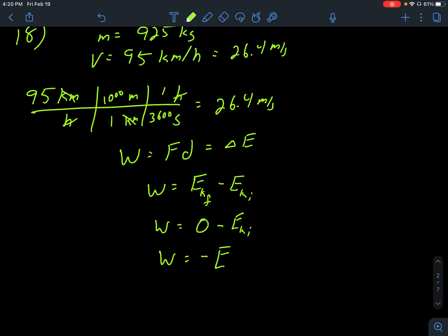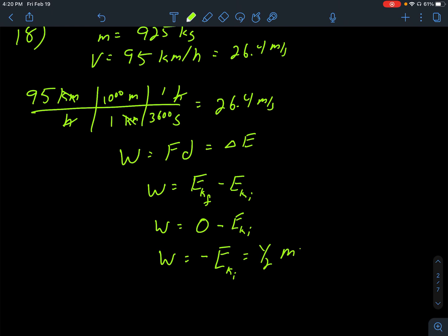And what about this negative? That's important because it's going to be negative work, meaning the work done on the car is a result of a force that's acting in the opposite direction of the motion of the car. Your frictional forces are going in the opposite direction, so that's why that winds up being negative.